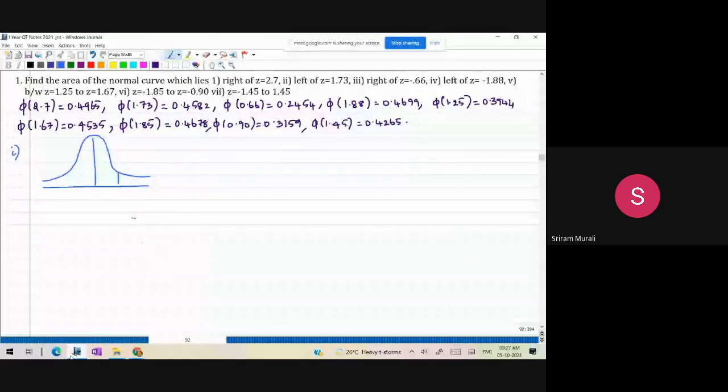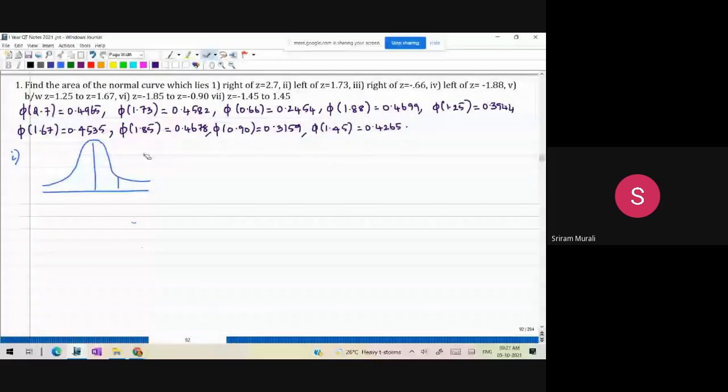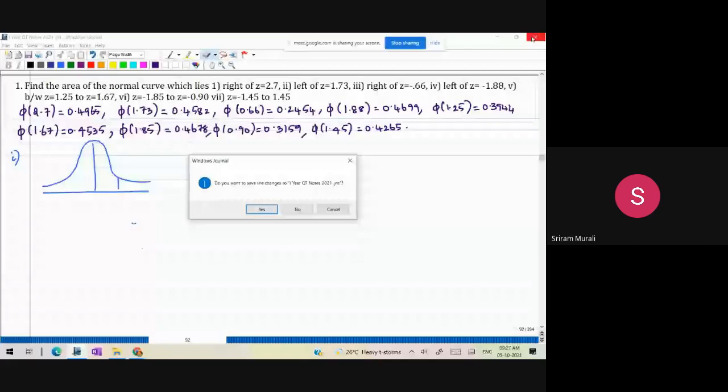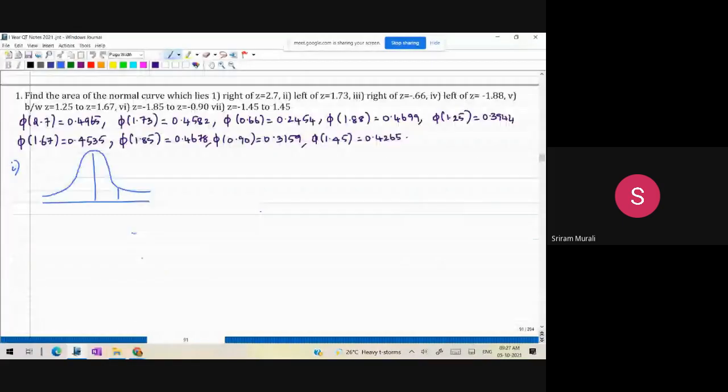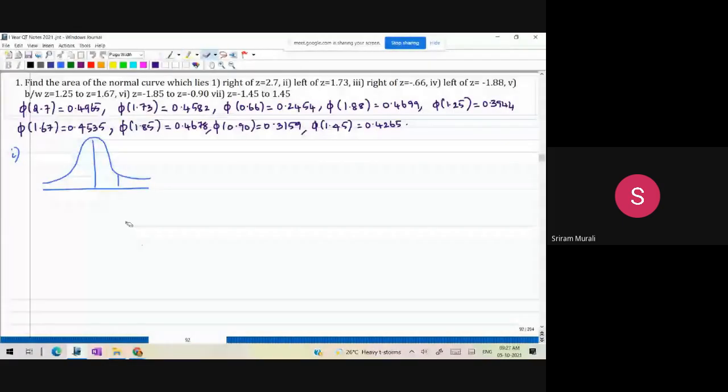So we want to find this. We have to find the area of the curve. 2.7 will come in the right hand side.